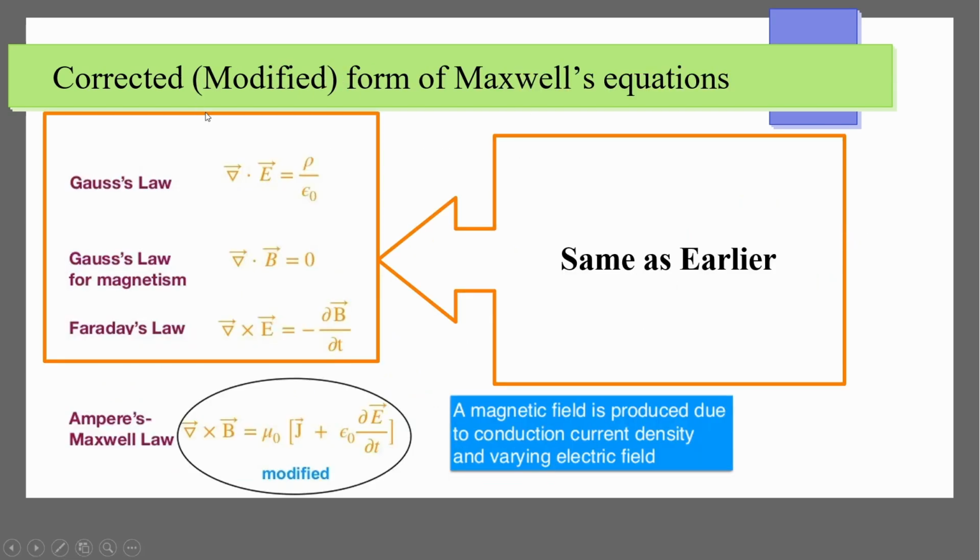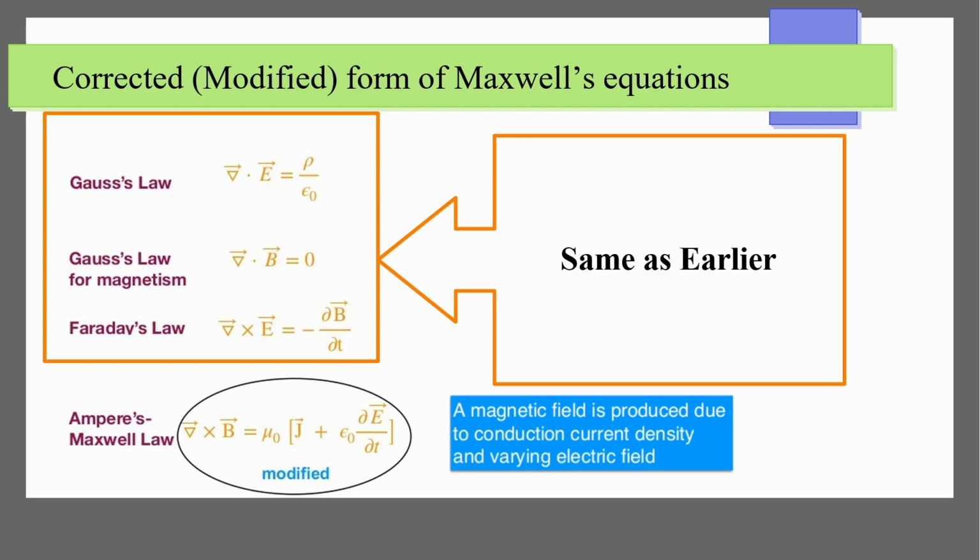As you can see here, these are the corrected forms of all the Maxwell equations, even though the initial three are still there as they were successful in describing the natures. However, this fourth equation was anomalous and had to be modified by Maxwell. So the modified term suggests a magnetic field is produced due to conduction current density and varying electric field.